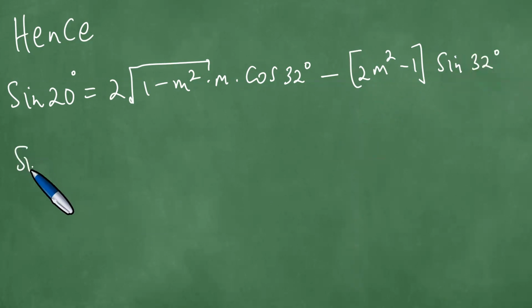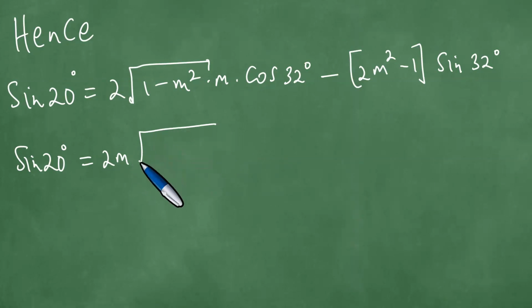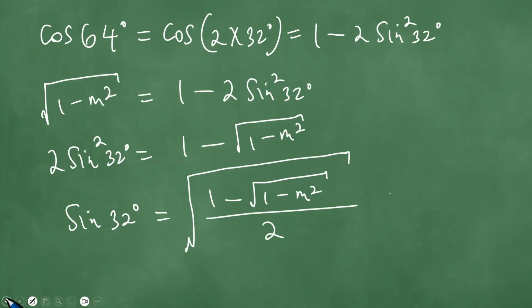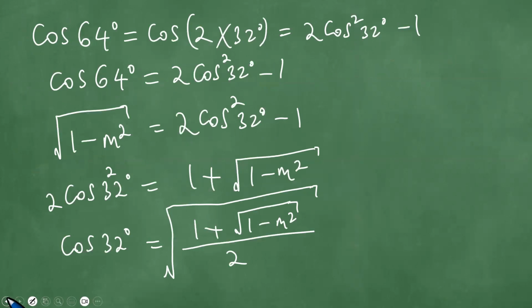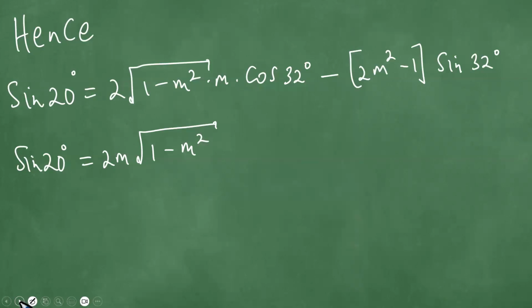So that we obtain the sine of 20 degrees, which equals, so you have m here, and this is exactly 2m times the square root of 1 minus m squared, and therefore the cosine of 32 degrees. The cosine of 32 degrees is the same as the square root of 1 plus the square root of 1 minus m squared, over 2. So we're good.